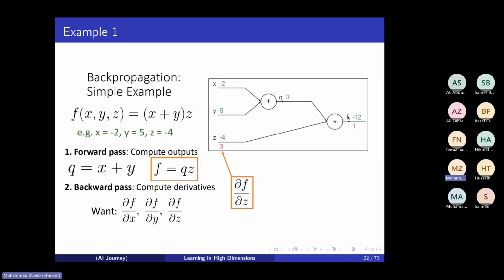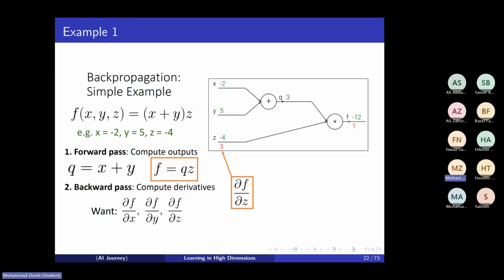And now I need to distribute gradients over q and z, because they are the layer directly behind. It's recursively applying. I apply it to f with respect to q and z. f represents q times z, so if I derive f, df by dq is z, and df by dz is q.